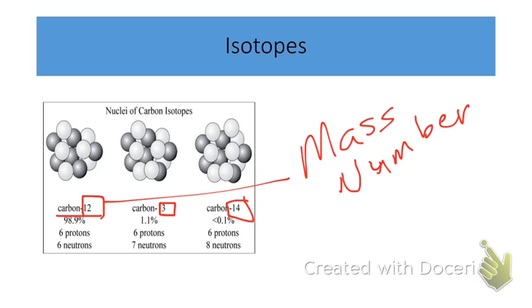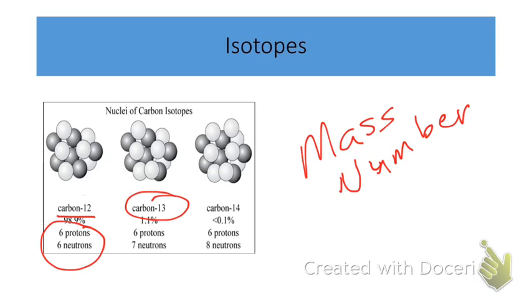All right? So we name isotopes based on the mass number that they are and the element that they're made up of. So carbon-12 is made up of a total of 6 protons and 6 neutrons. So therefore we call it carbon-12 because 6 plus 6 is 12.